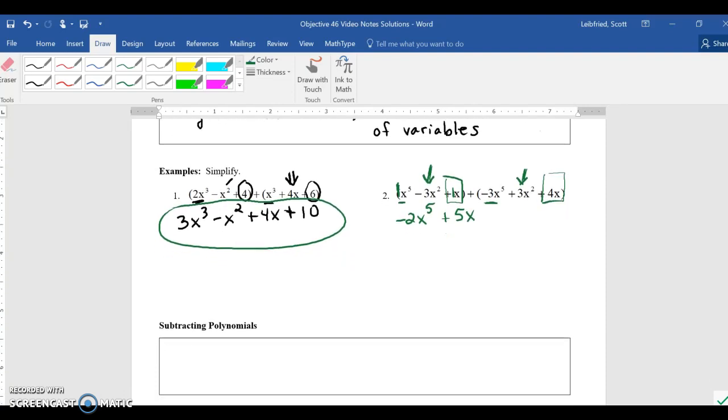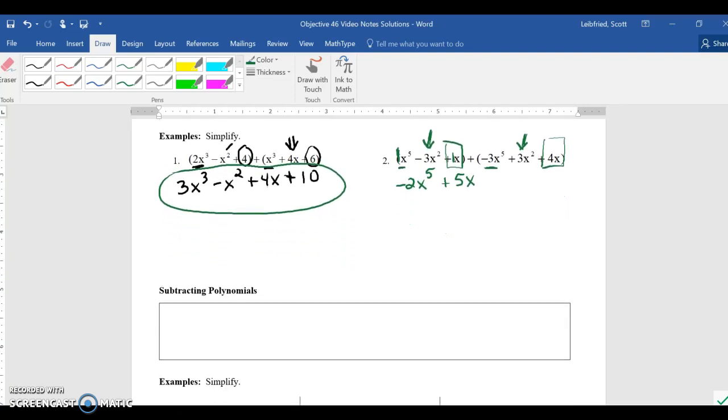Subtracting polynomials. Again, now subtracting polynomials is a little different.